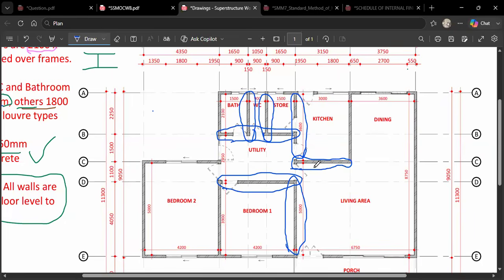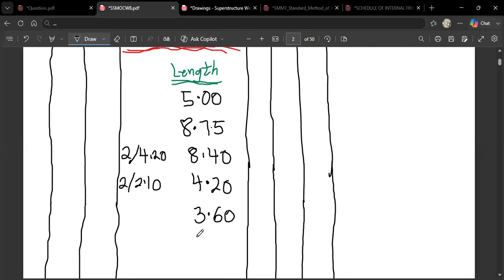That is the dimension over here, so I'm going to put it over here. So this becomes 3,000. And 3,000 divided by 1,000, you're going to get 3.00.